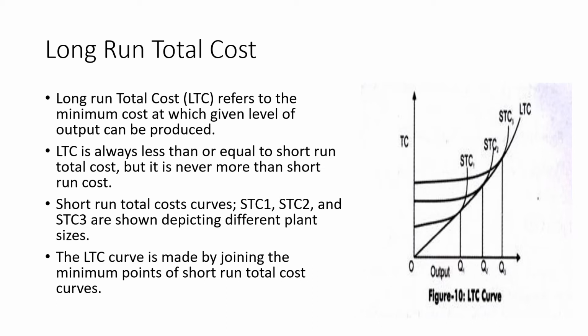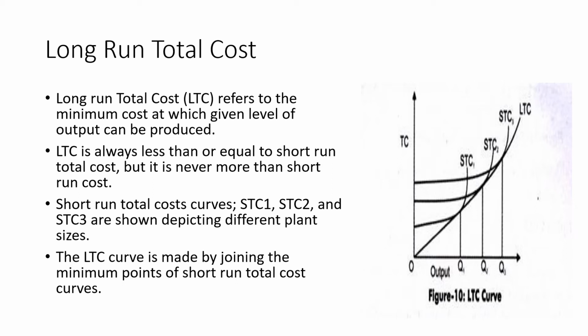That is the total cost, and it is always less than or equal to the short run total cost. It is very important to note that it is never more than the short run total cost. The long run cost is formed by joining the minimum points of the short run cost.